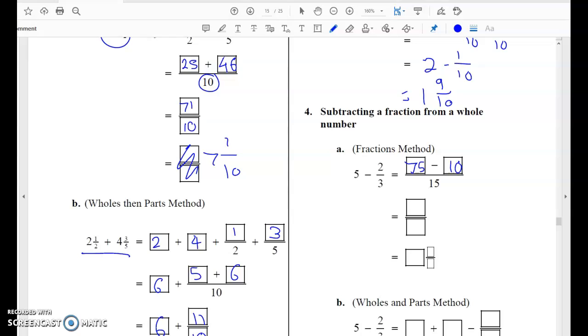So it's going to give us 65 out of 15, which gives us 4 and 5 out of 15, which is 1/3.